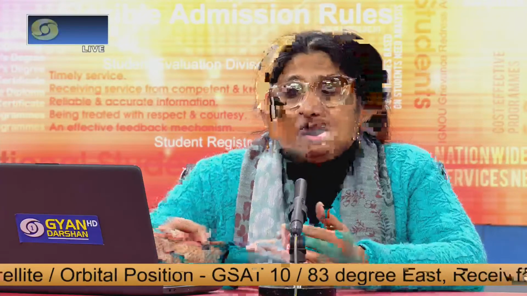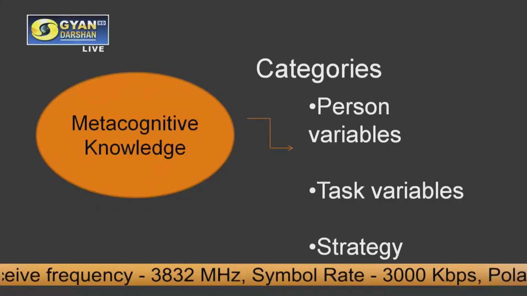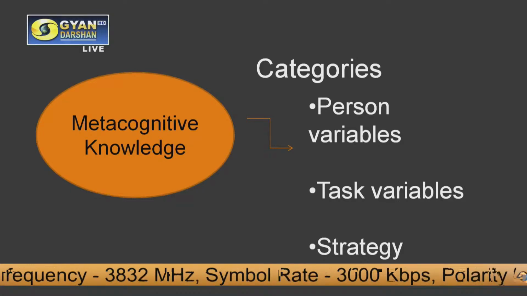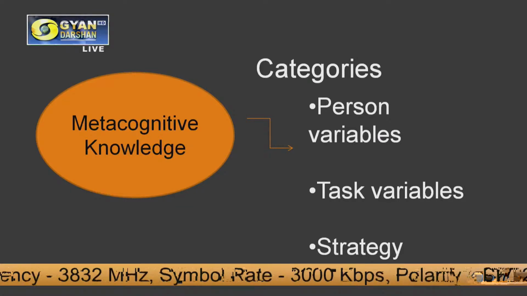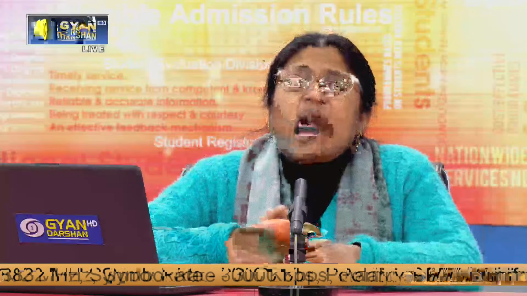Then next, we can see that while going through a task, they are confronted with some things, the metacognitive knowledge they have. What type of knowledge? The person variable is important, the task variable as well as the strategy variable. Regarding the person variable, the person has to think, am I adopting the correct strategy?